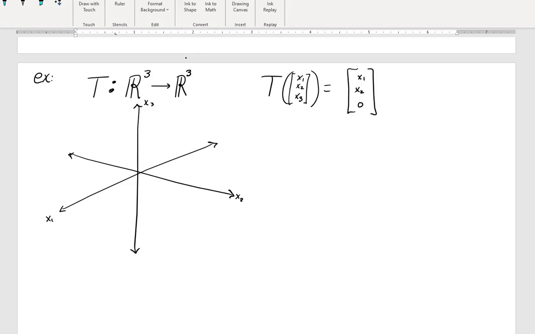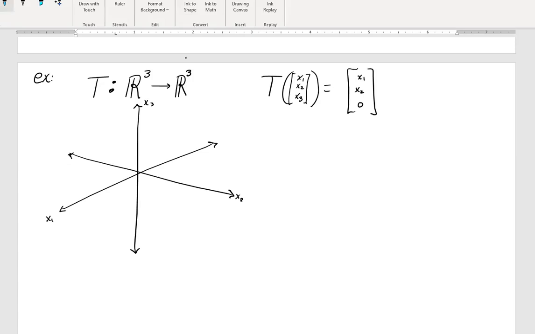We've got the x1 axis, the x2 axis, the x3 axis. X, Y, and Z axes. Okay. The XY plane is laying on the table. The Z axis is sticking straight up.